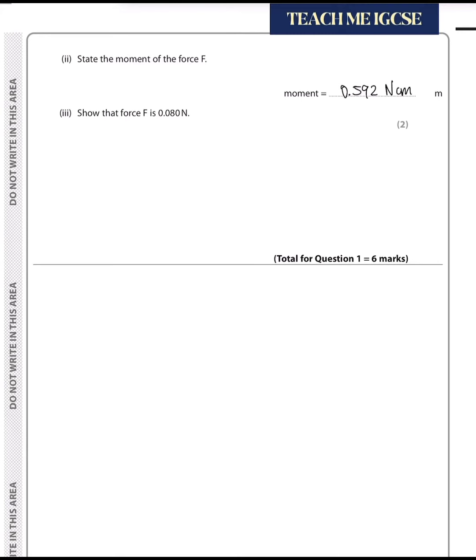Moment stays the same, so it's 0.592 divided by the perpendicular distance from the pivot to force F, which is 7.4 centimeters. So we do 0.592 divided by 7.4, and we get 0.08, which proves that force F is 0.08 newtons.